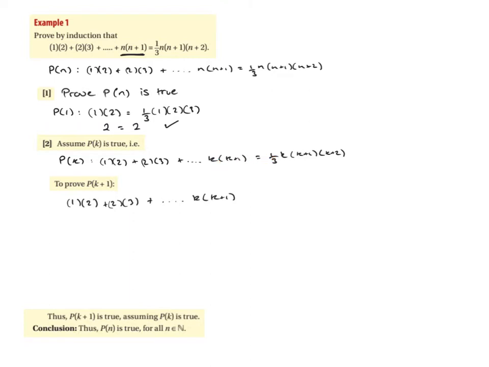So that now is going to become equal to plus, I'll just do this in red so you can see it, k plus 1, and it's going to be k plus 1 plus 1, which is k plus 2. And that's now going to equal, on the right hand side, we've got to change all those k's for k plus 1 because we're putting k plus 1 through the function. So we're going to get a third, and this first k is going to change to k plus 1.